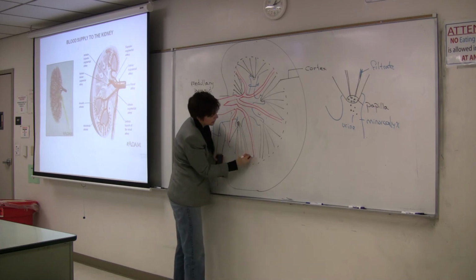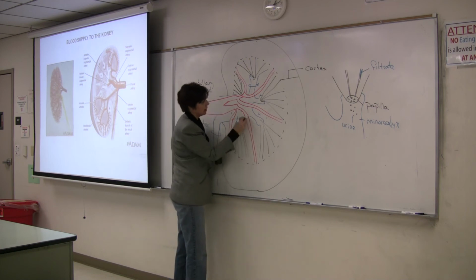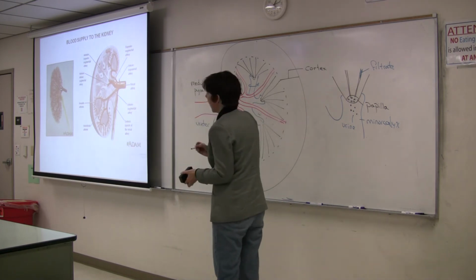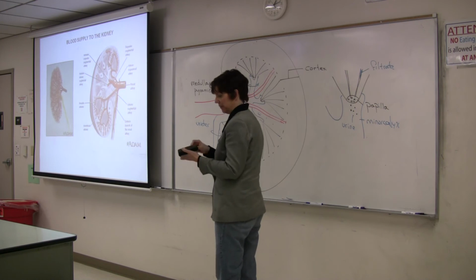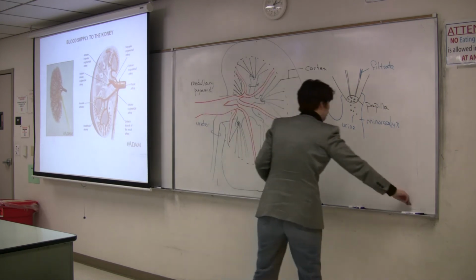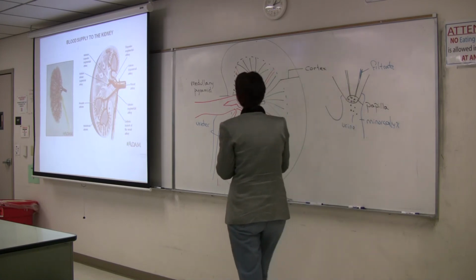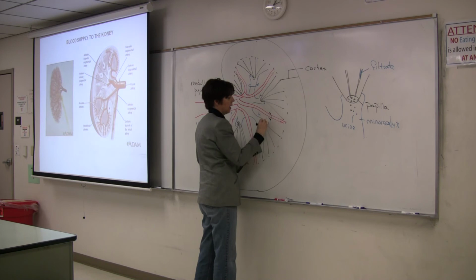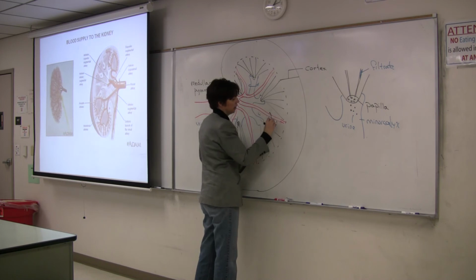So where these vessels are found between each pyramid, they are known as interlobar. Okay? So this would be an interlobar artery.